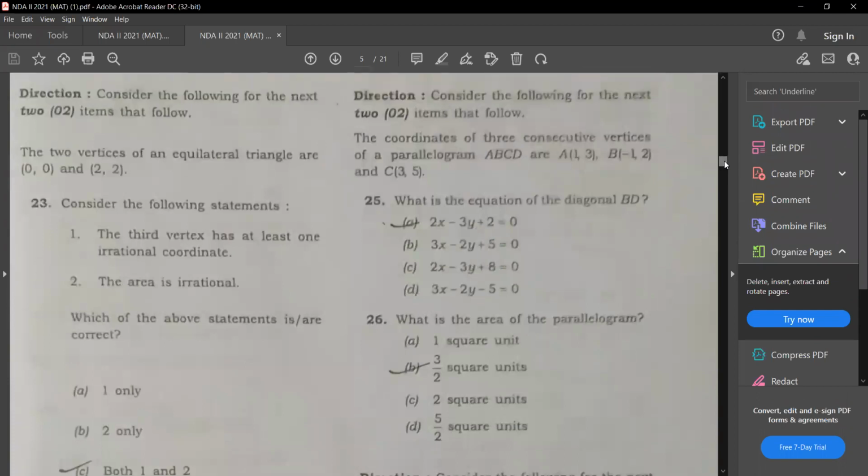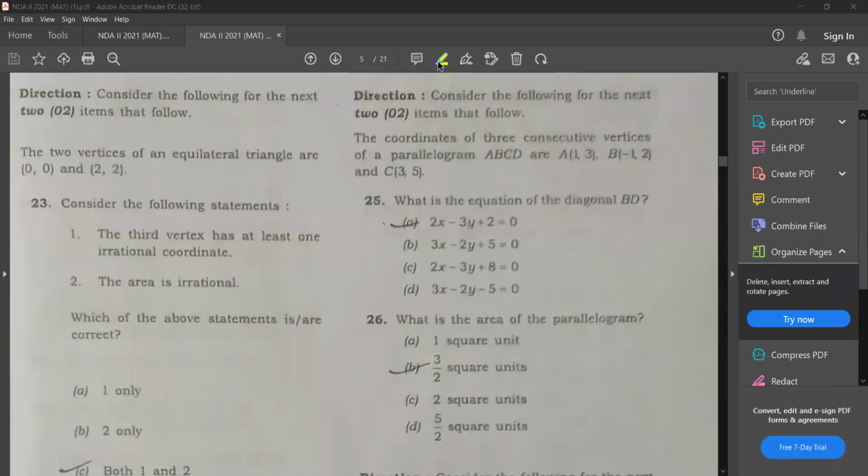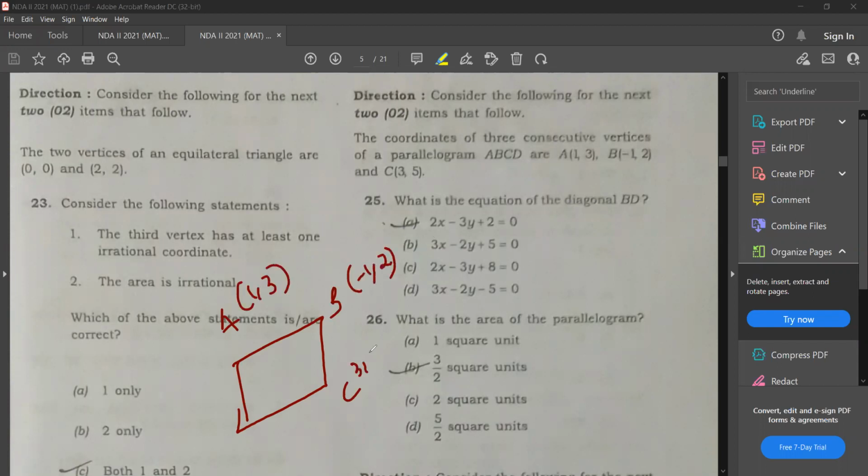Consider the following for the next 2 items that follow. The coordinates of 3 consecutive vertices of a parallelogram are given, along with the equation of diagonal BD. So for the parallelogram, they have given A, B, C, that is 1, 3, minus 1, 2, 3, 5.